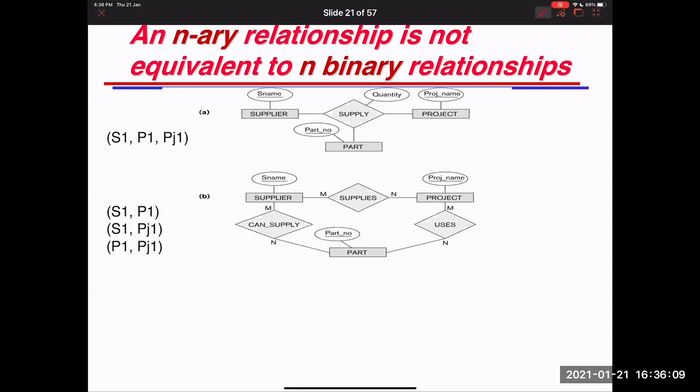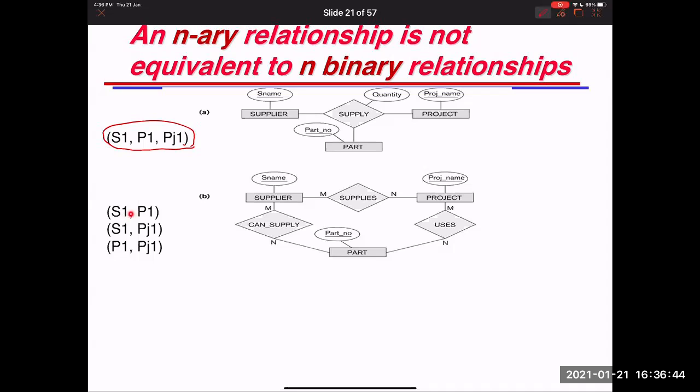Now, let's say in this ER model here in part B, I have 3 relationships: S1 to P1, S1 to PJ1, and P1 to PJ1. This is not exactly the same as having this triple here. Because it just tells us that this supplier S1 can supply some part P1, but there's nothing said here about the project.